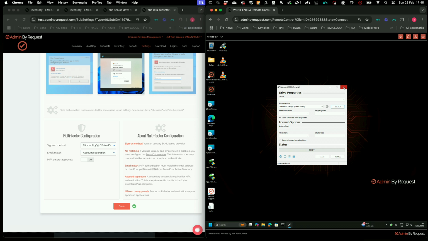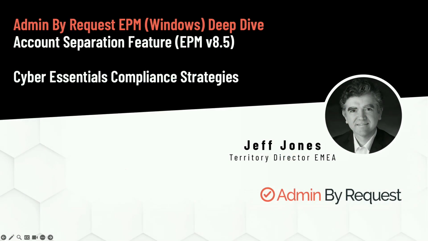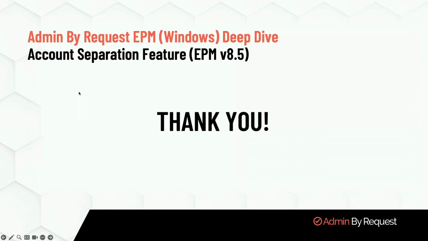So you will need 2 accounts per user, and you will need to manage 2 sets of passwords for users. Of course, you wouldn't want users to be able to reset those passwords and make them the same, because that would be totally daft. But that probably is likely to happen. So that is really all there is to say on the new account separation feature with Admin by Request.